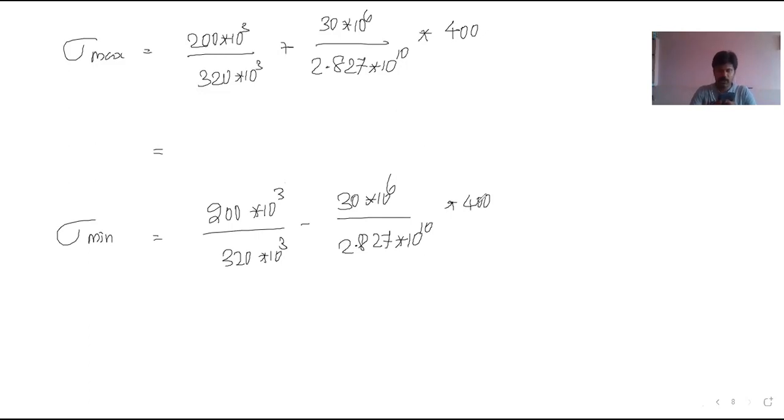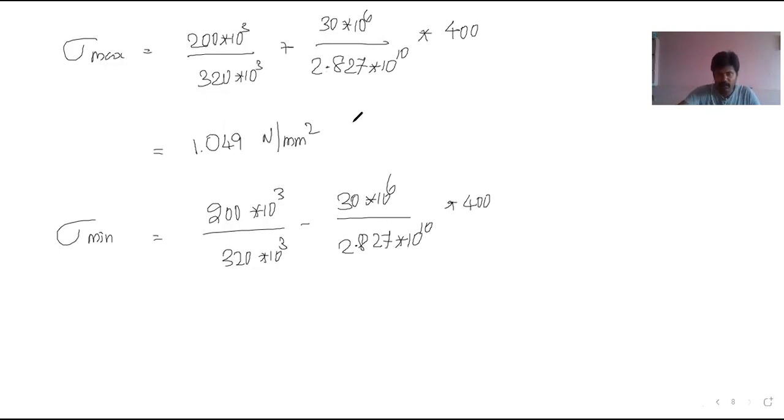200 into 10 cube divided by 320 into 10 cube plus the bending term with 2.827 into 10 to the power 10. So we get 1.049 Newton per mm square.